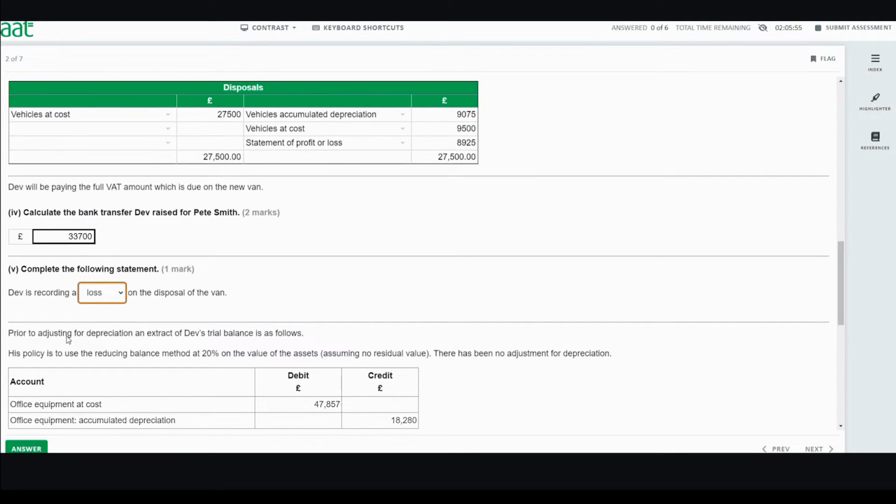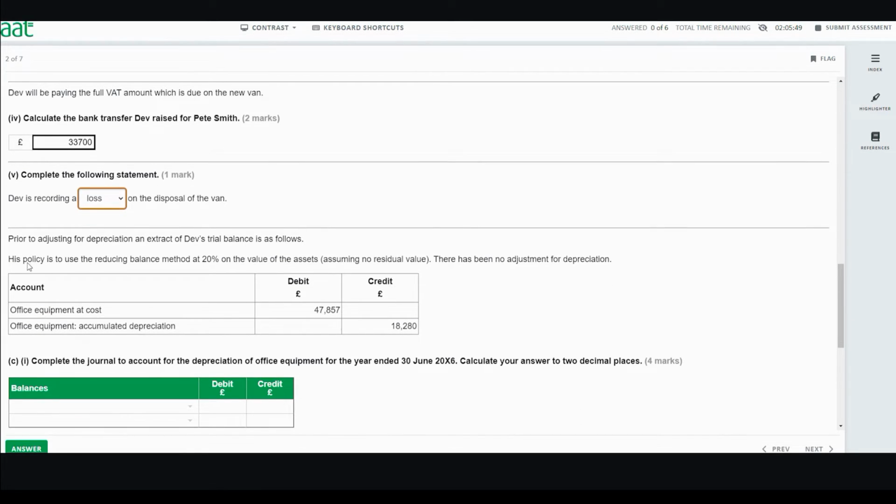Okay, prior to adjusting for depreciation, an extract of Dev's trial balance is as follows. His policy is to use the reducing balance method, 20%, on the value of assets, assuming no residual value. There has been no adjustment for depreciation. Okay, so reducing balance method.